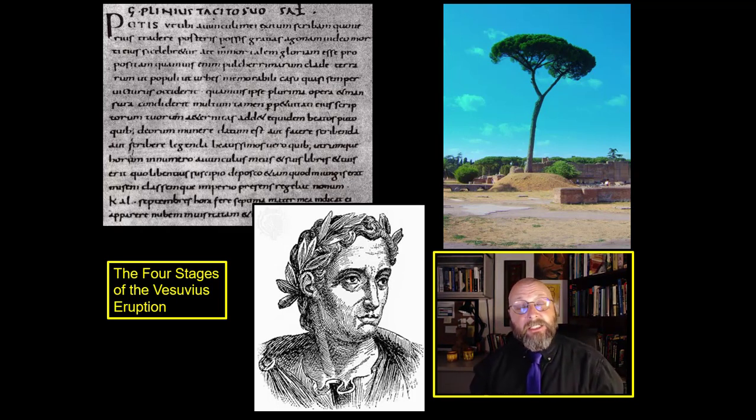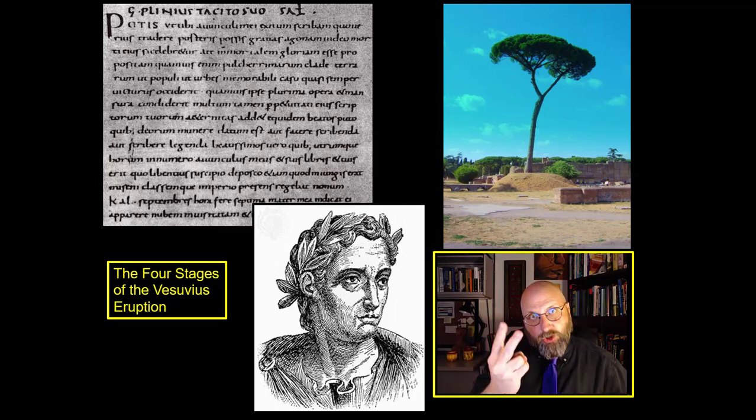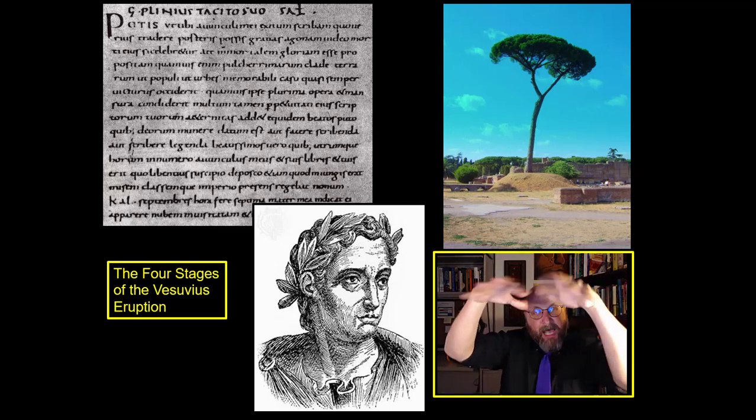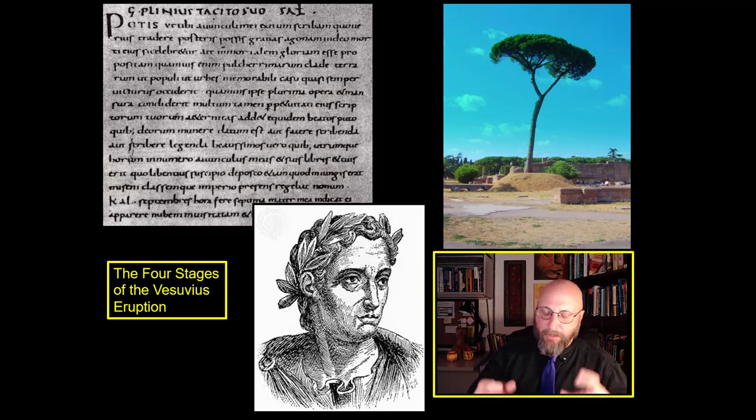So here are the stages. Stage 1, the eruption like an umbrella pine. Stage 2, that cloud moves south and begins to drop all these huge burning rocks from it, and they fall on the city of Pompeii. In fact, they fall on everything that's to the south of the mountain. Stage 3 is the mountain itself explodes in a pyroclastic surge, also called a pyroclastic flow.